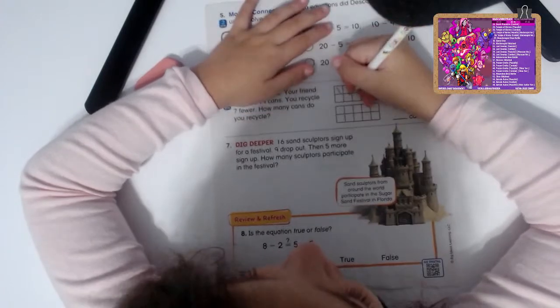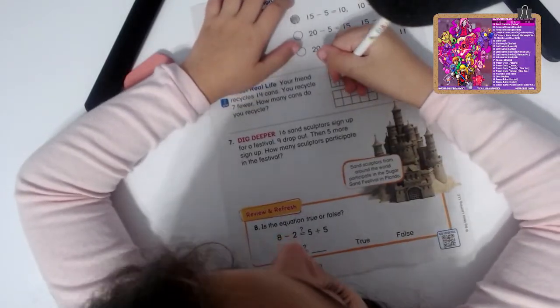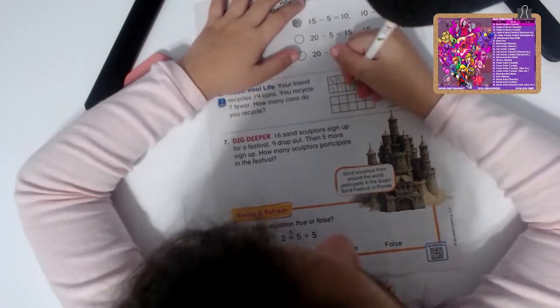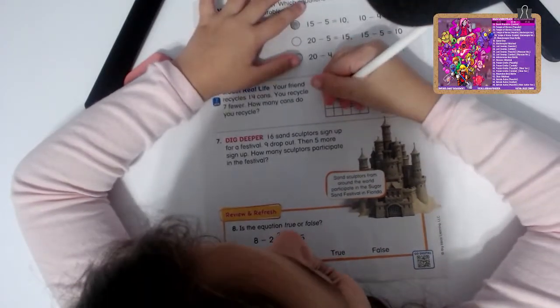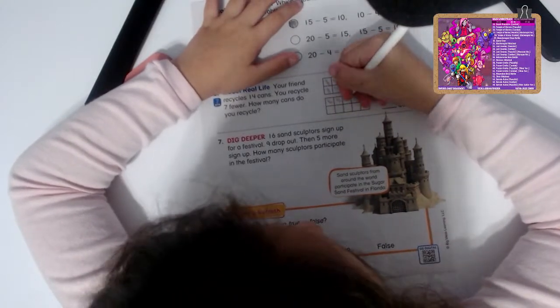So we do 1, 2, 3, 4, 5, 6, 7, 8, 9, 10, 11, 12, 13, 14.